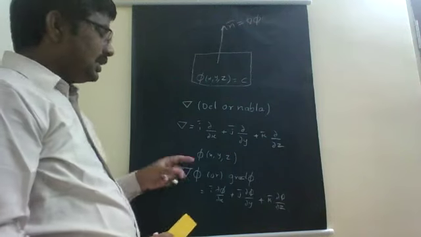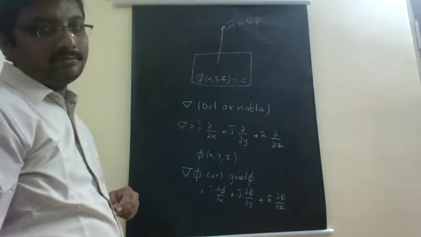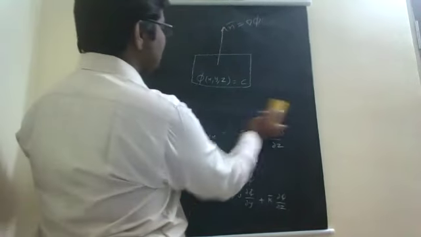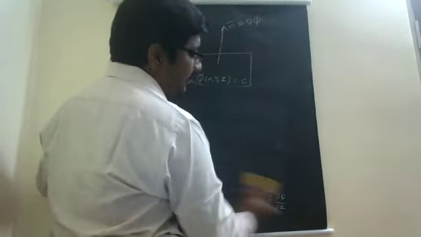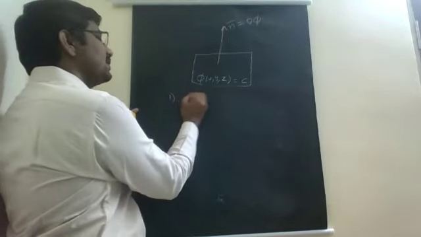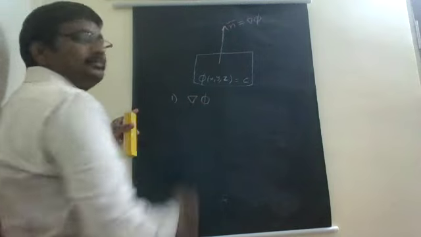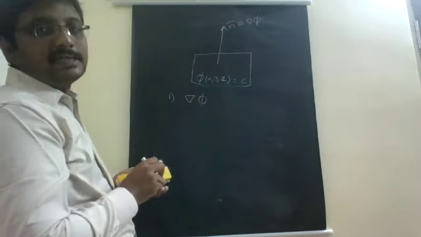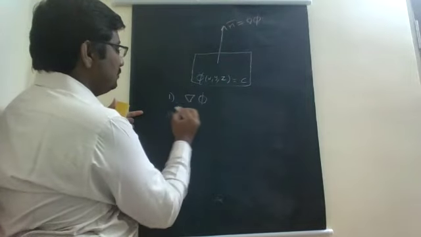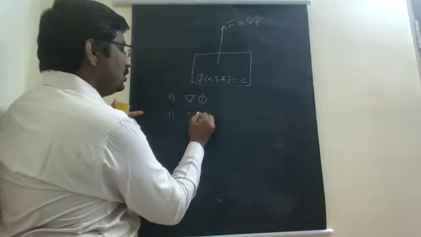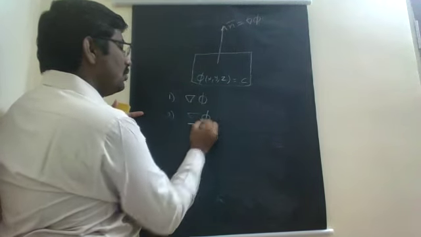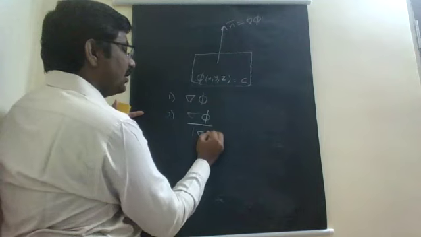Depending upon del and phi, we have 5 important formulas. One is the normal to the surface. Normal to the surface is del phi, and the second one is the unit normal to the surface. Unit normal to the surface is del phi by modulus of del phi.